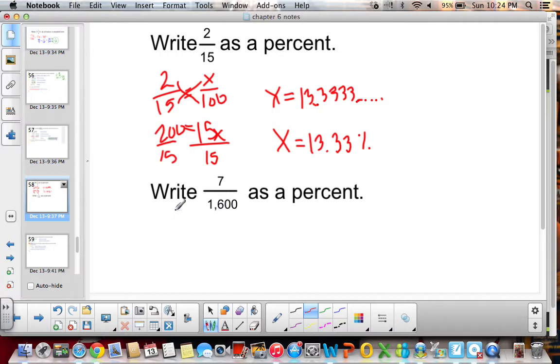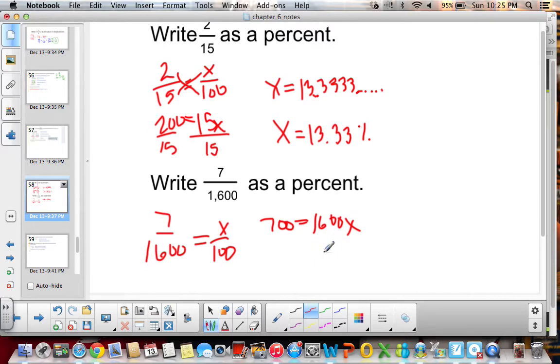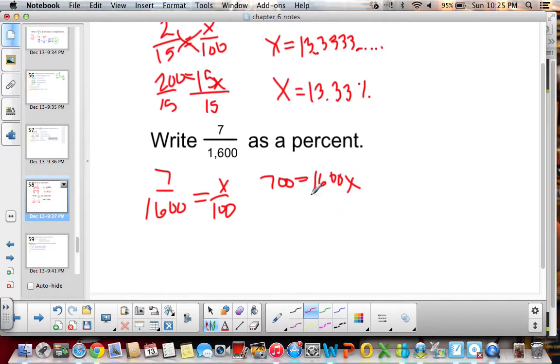7 over 1,600 is going to be 7 over 1,600 equals x over 100. So then we have 700 equals 1,600x. Divide both sides by 1,600.